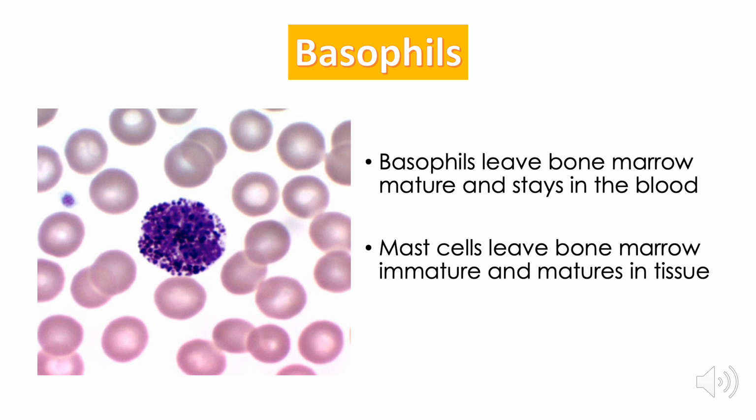Basophils and mast cells may have the same components in their granules, but they are two different types of cells. Basophils are found in the blood, while mast cells are found in the tissue. Take note, both of them are involved in the pathophysiology and pathogenesis of common allergies.